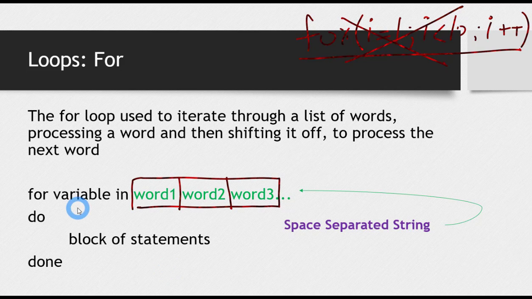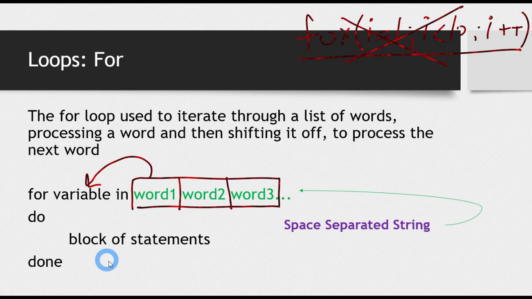What I will do is I will pick the first word. So when this loop runs, this first word, word 1, will go in this variable here. And then this loop will run based on the value of this variable, which is actually word 1. And then this loop will start again, and it will continue to the next iteration.